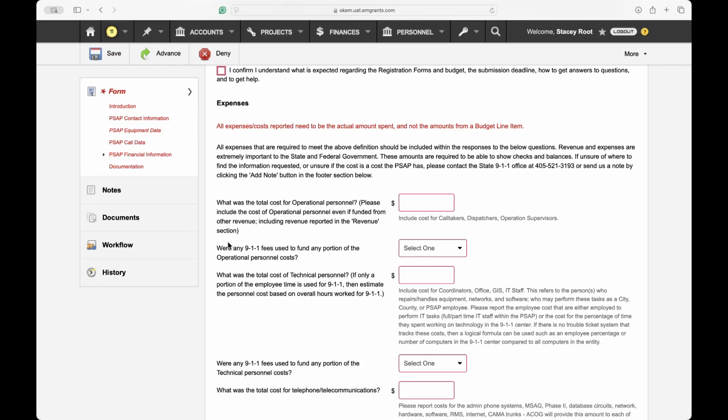So if you do have somebody that's coming in, say from the city or the county, and say they spend 50 hours a year in the PSAP and they make $100,000 a year, you're going to put that salary over the time that they spend, and that is going to be the cost. Whether that's a cost that the PSAP pays or the city pays or the county pays, that's not the important thing. We're looking to see how much that person is working in the PSAP and the cost that's incurring.